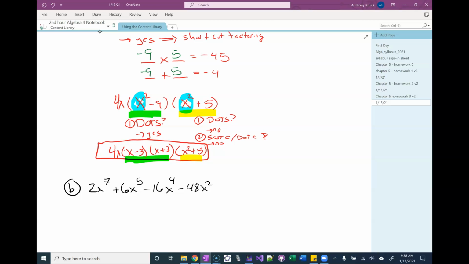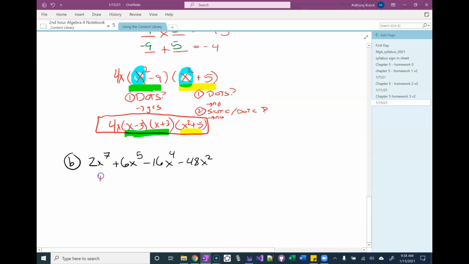All right, so let's try the next one. We have 2x to the 7th plus 6x to the 5th minus 16x to the 4th minus 48x squared. So we're starting over with our factoring diagram here. The first thing we look for is a greatest common factor. Do we see one in this case? 2x squared, very good.